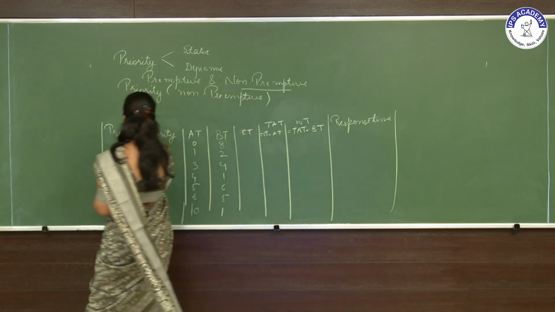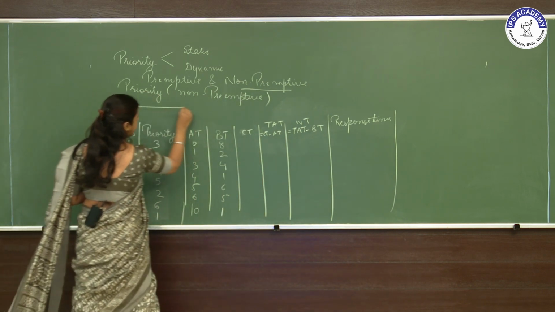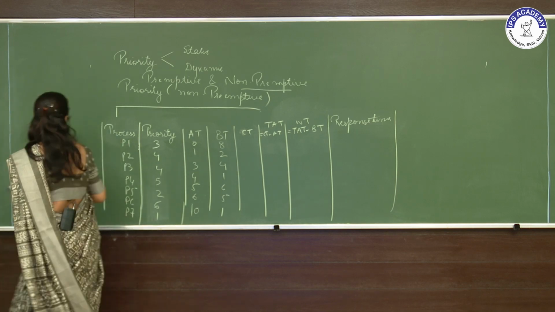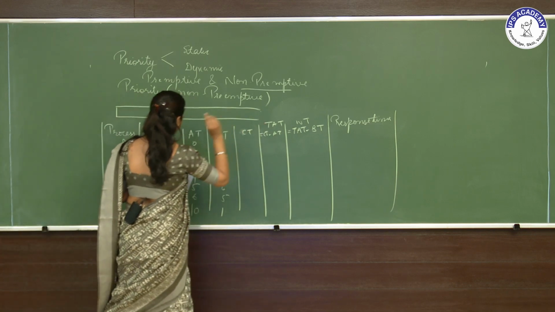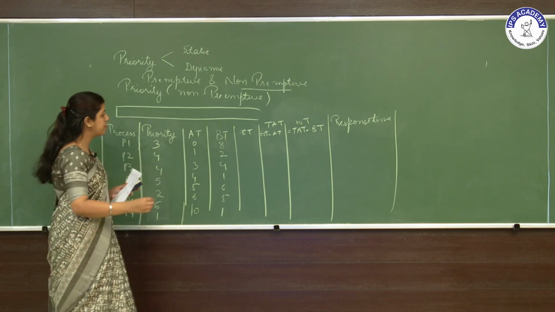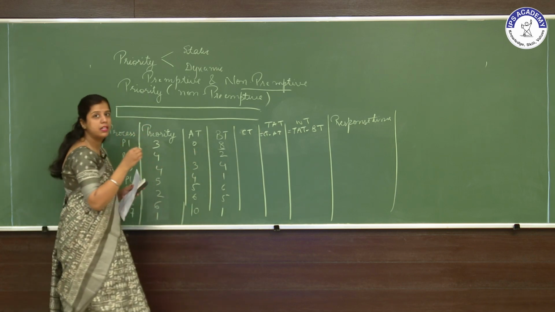First of all, we will draw a Gantt chart. As it is priority non-preemptive, a process will run for its full burst time.